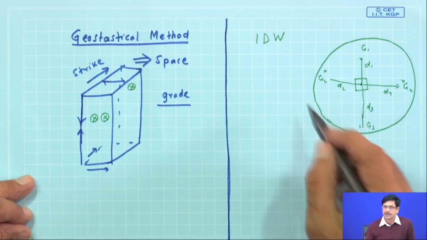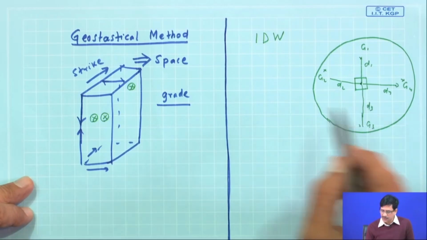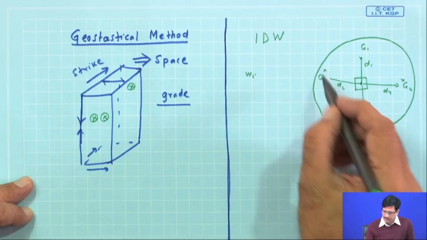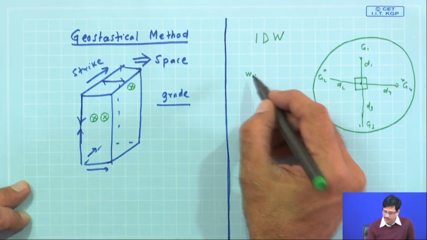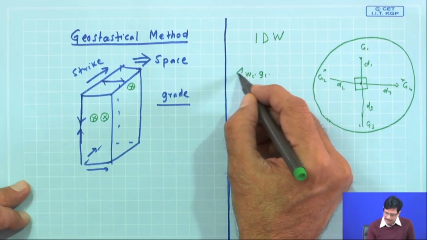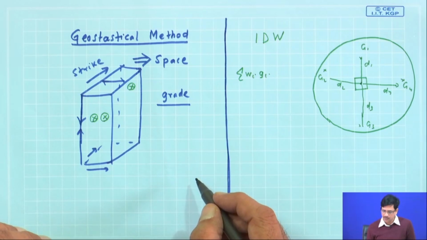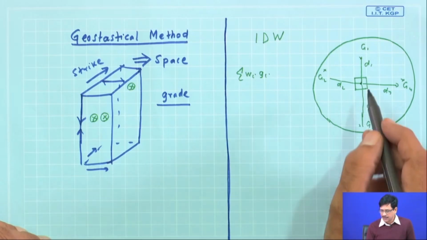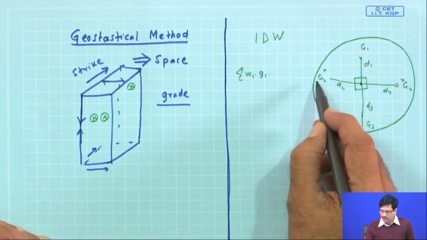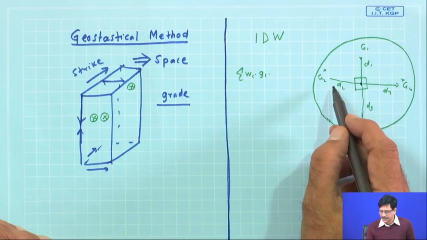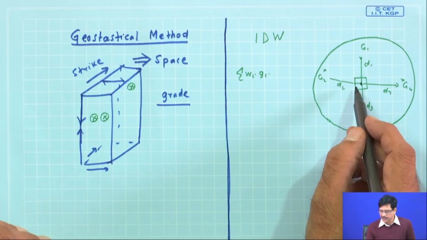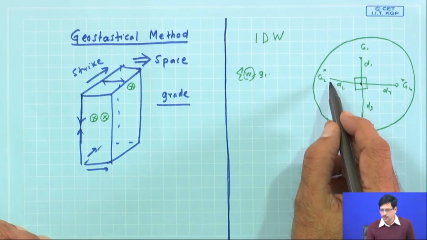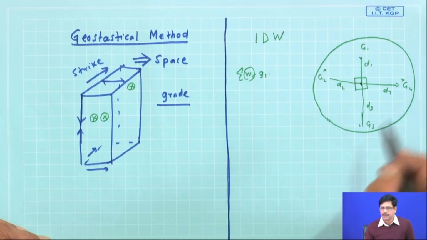We saw a calculation procedure in which we find a weight Wi for finding the grade here by using a simple formula of Wi Gi, with W varying from 0 to 1 and sigma Wi equal to 1. In this we discussed that the value at any point in space will be influenced by its nearby neighborhood points, and the shorter the distance, the greater the influence. So, we would expect the Wi's to have a higher value for points which are closely spaced compared to points which are far away.